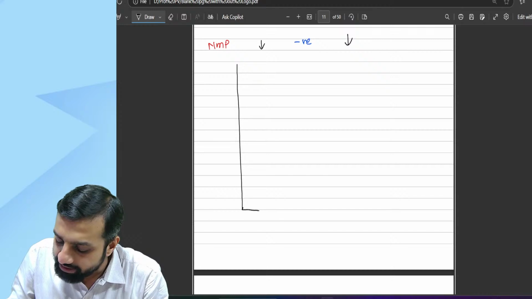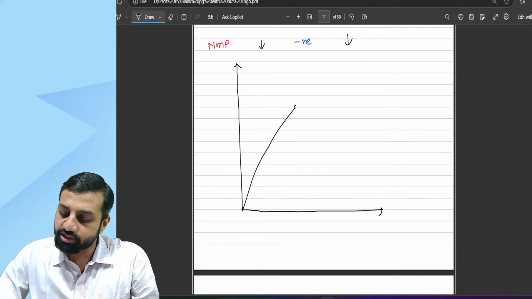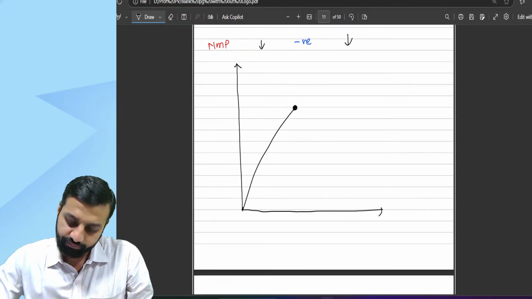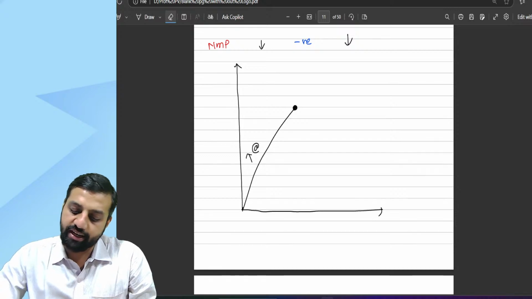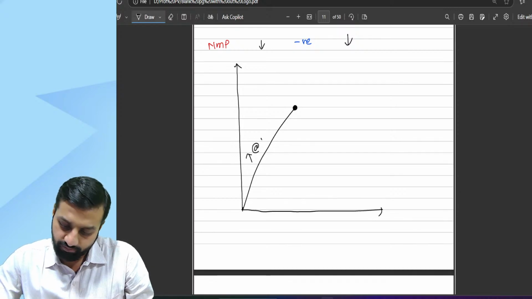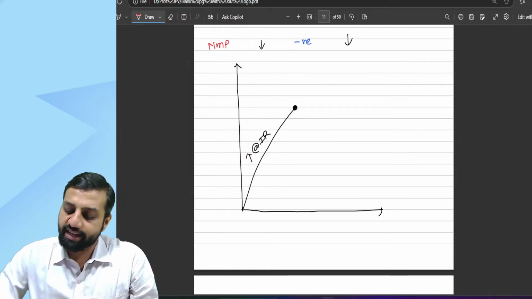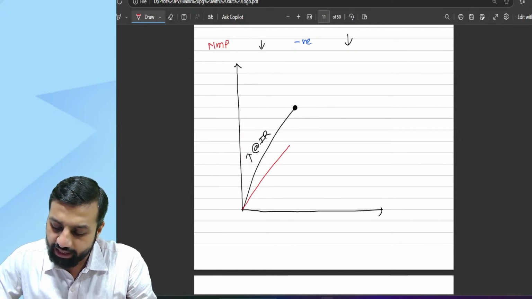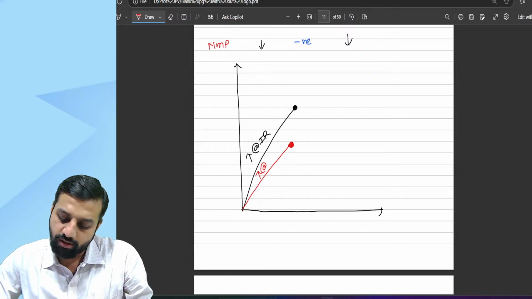If I have to represent it diagrammatically, this is your TP curve. Initially, it rises at an increasing rate. Why is this curve rising at an increasing rate? Because MP is also rising at a faster rate.